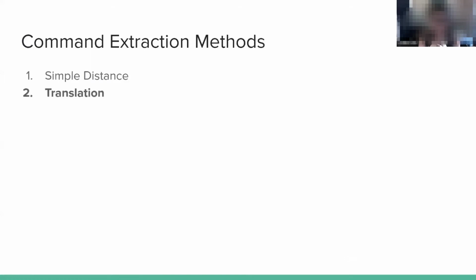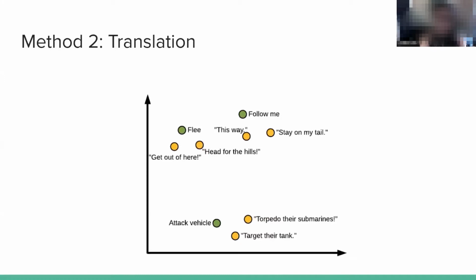For our next method, we hypothesized that there was some portion of the embedding space that corresponded to unstructured natural speech and a different portion that corresponded to structured commands. We hoped that there was some sort of linear translation that would move us from one space to the other, so we could make more meaningful comparisons. To find out what that translation was, we came up with 2 or 3 examples of what we thought a player might say to trigger each of our predefined commands.